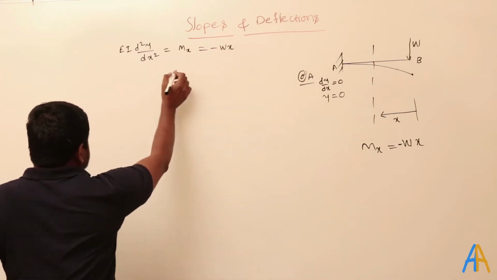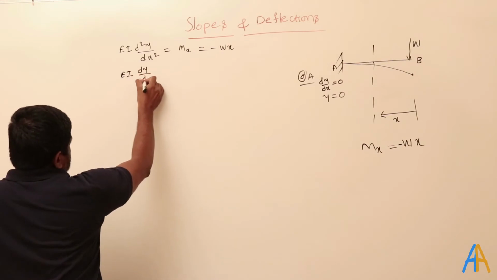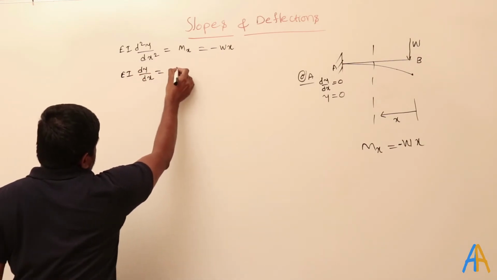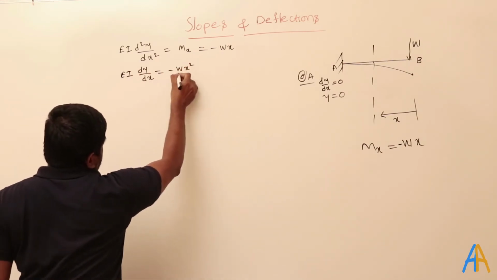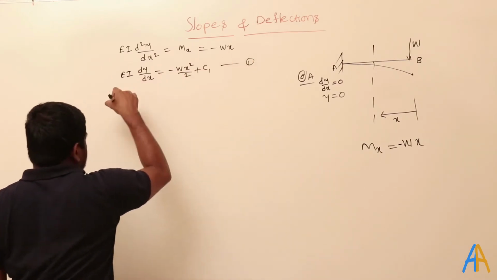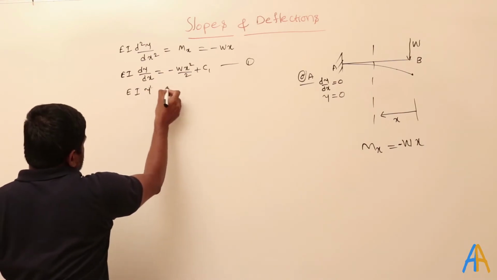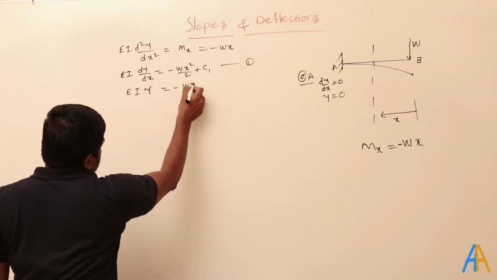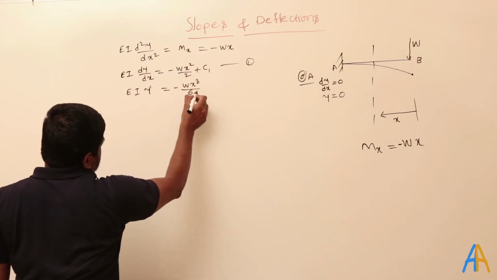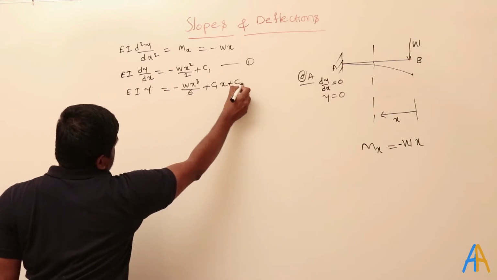So first integration: EI dy by dx equal to minus Wx square by 2 plus C1, equation 1, and then again integration: EI y equal to minus Wx cube divided by 6 plus C1 x plus C2.